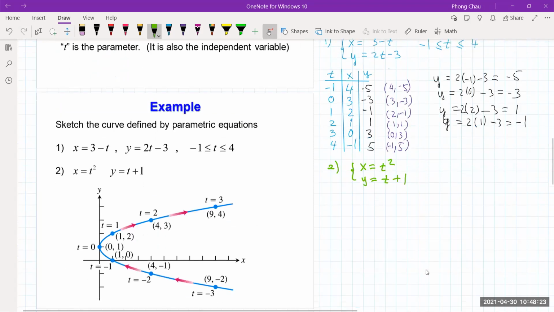Okay. I actually have the graph drawn ready, but again, what I'm going to do is construct the table.